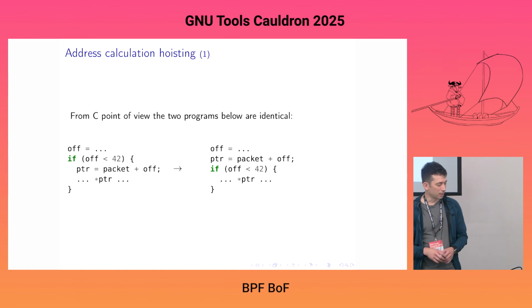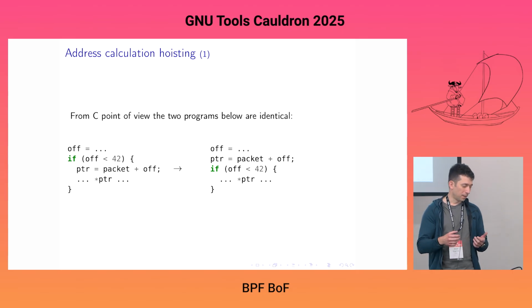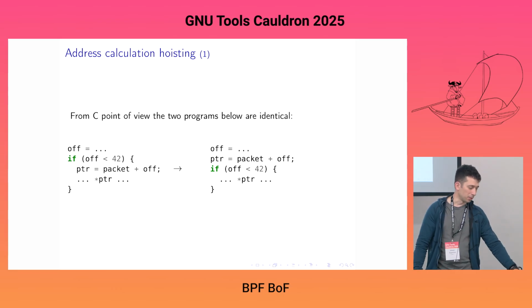The first example is when the address of a memory load instruction is hoisted above the range check for the offset which is added to the pointer. Suppose you have a pointer packet and some offset which you validate and then add to the packet pointer.